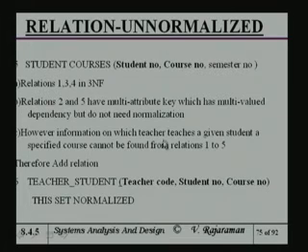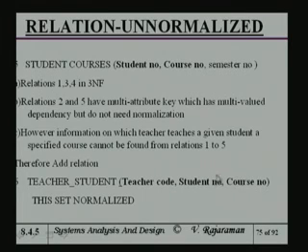However, information on which teacher teaches a given student a specified course cannot be found from relations 1 to 5. So add a new relation, teacher student: teacher code, student number, course number. This set is normalized. Now I can find out which teacher teaches a given student in a specified course, because I said a particular course can be taught by many teachers.